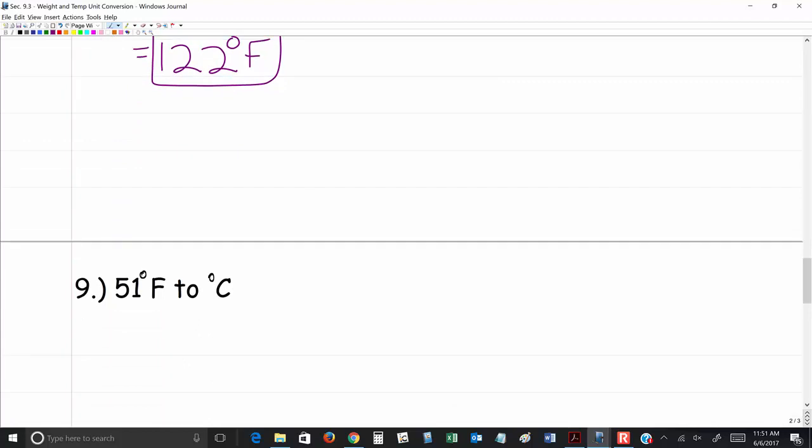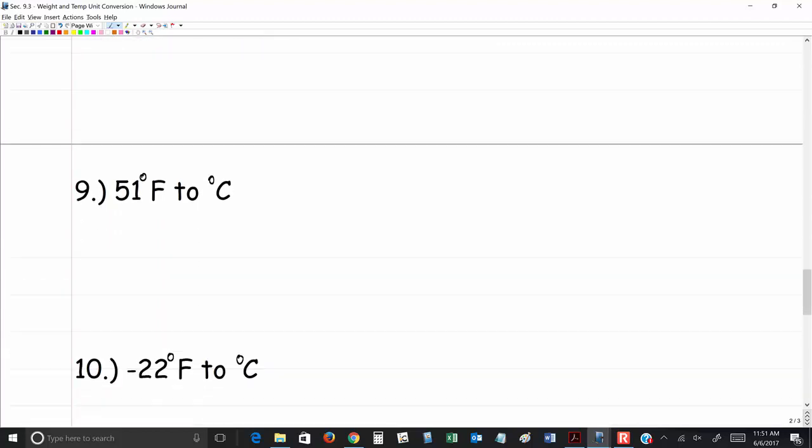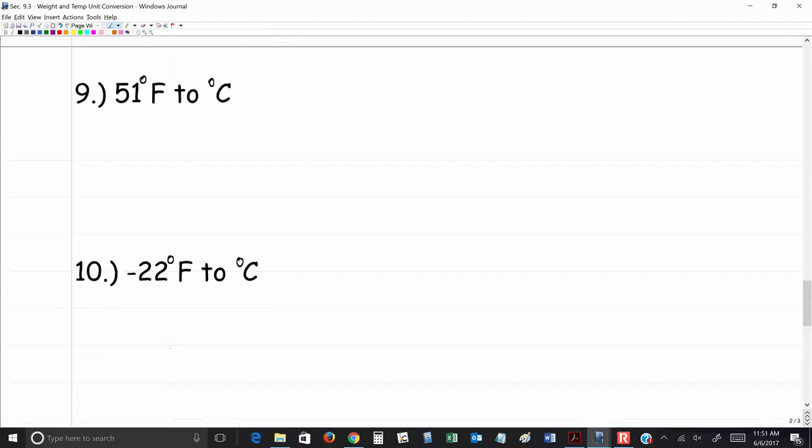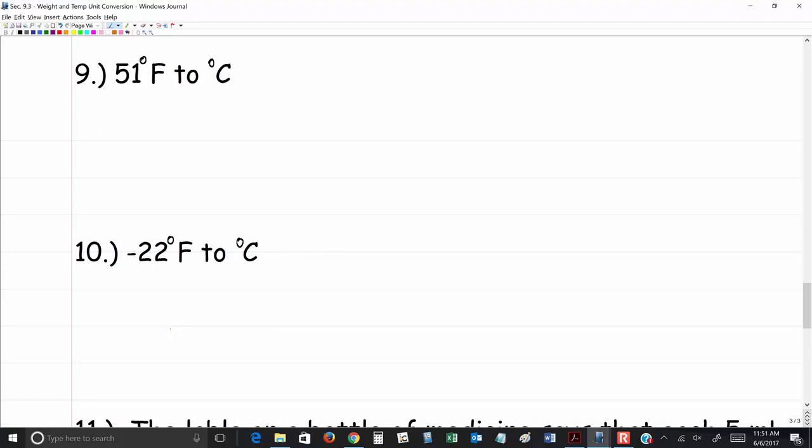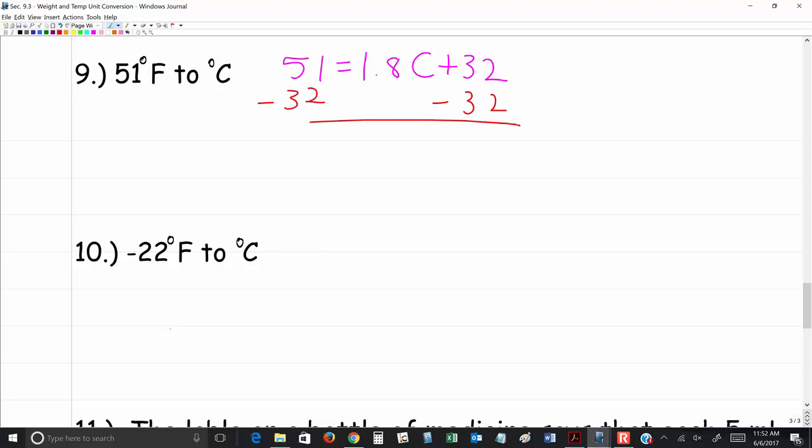And then only slightly more complicated would be a conversion from Fahrenheit to Celsius. It will require a little bit of our basic algebra skills. So we've got 51 equals 1.8 C plus 32, and you want to solve for C. Subtract 32 from both sides. 51 minus 32 is 19.